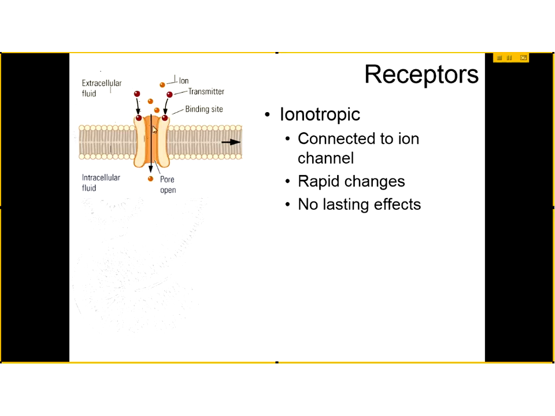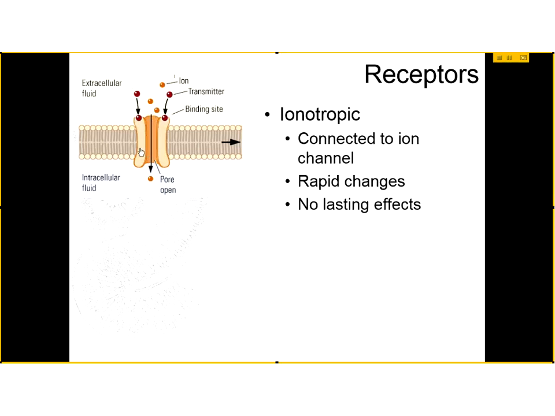Now it really depends on where you're at, what the neurotransmitter is, and what the ion is, because these ionotropic receptors could be excitatory or they could be inhibitory. So they have a variety of effects.